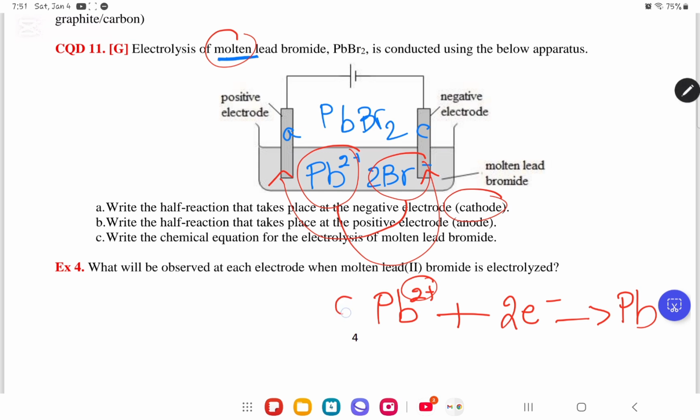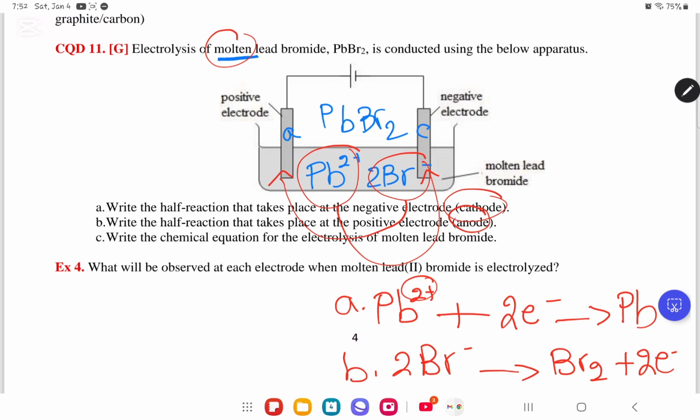This is for part A. For part B, we discuss the half reaction that takes place at the positive electrode, which is the anode. At the anode, our anion, 2Br-, becomes Br2, but it releases 2 electrons, so 2e-.